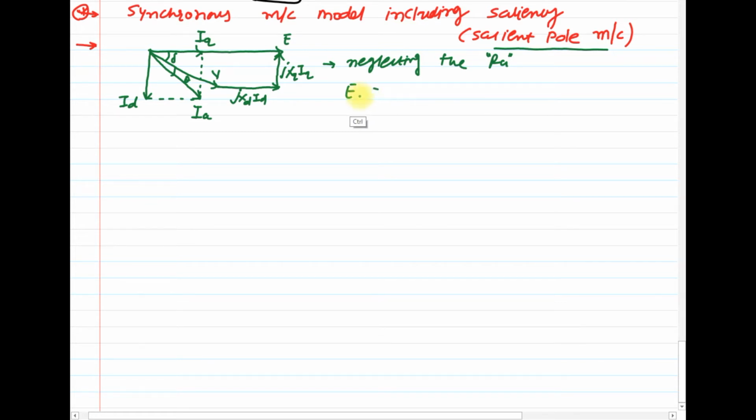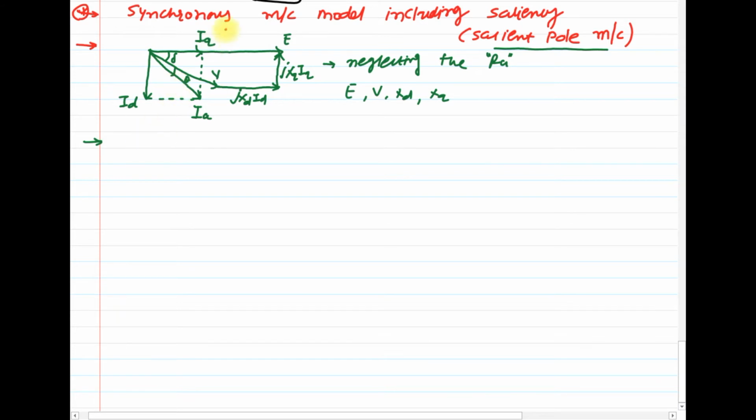Next is V, the generator terminal voltage; Xd, the direct axis reactance of the synchronous machine; Xq, the quadrature axis reactance; Ia, the armature current; Iq, the quadrature axis current; and Id, the direct axis current of the synchronous machine. Clear?